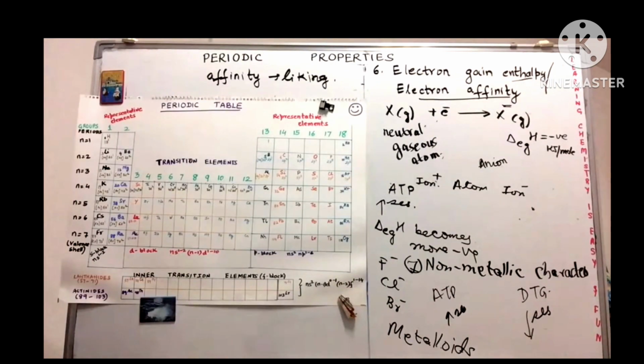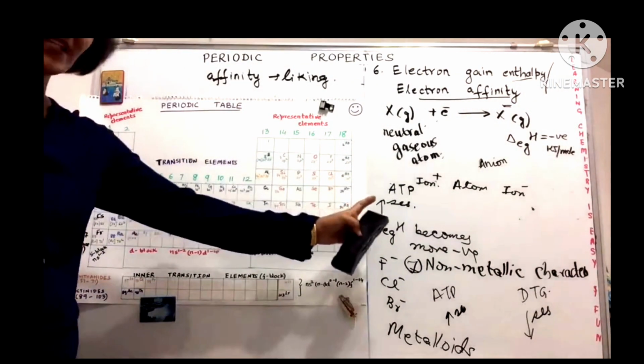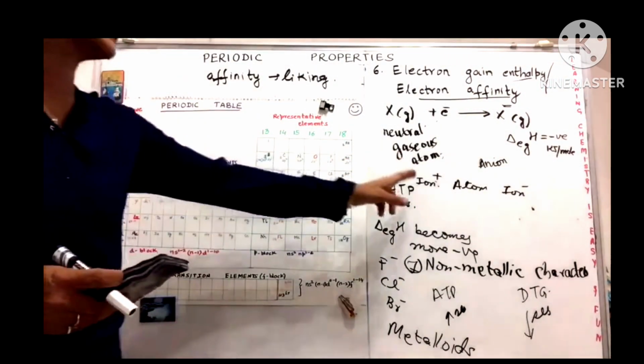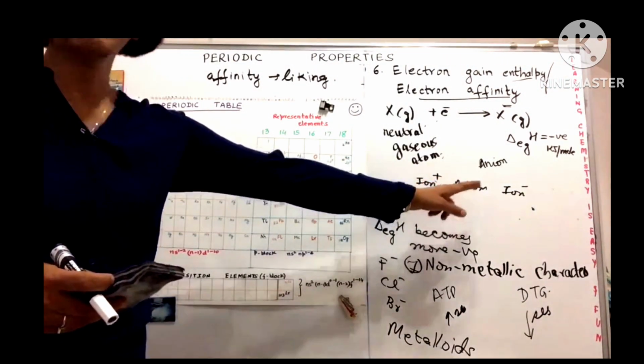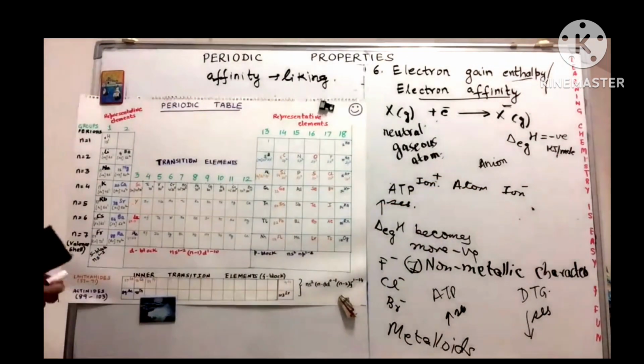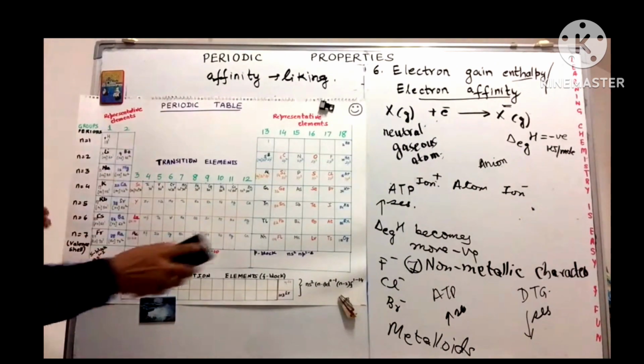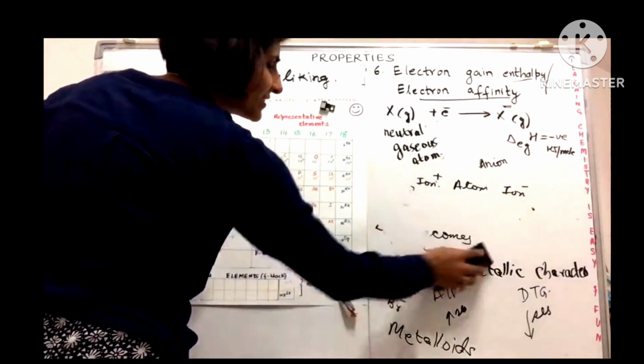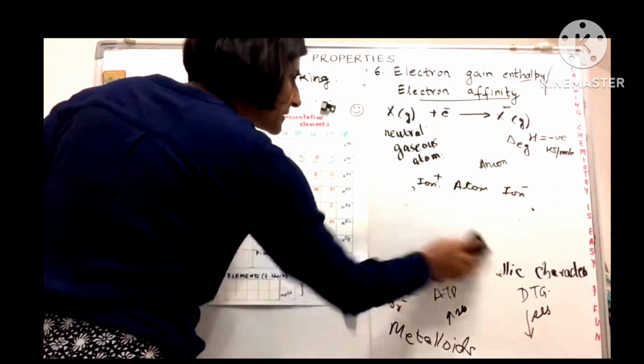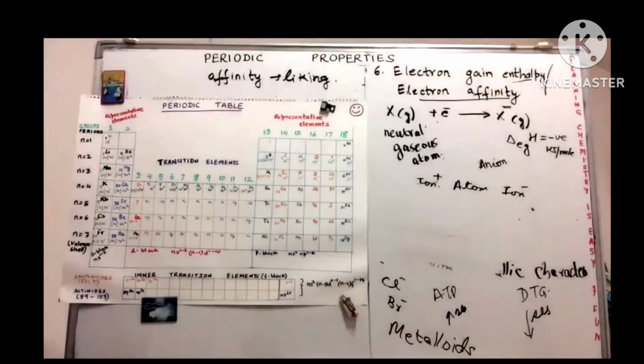So, now you have to tell me the size order for a cation, an atom, and its respective anion. Think about it. Get the answer ready. It's very, very simple. Again, I hope you are taking down the notes as well.